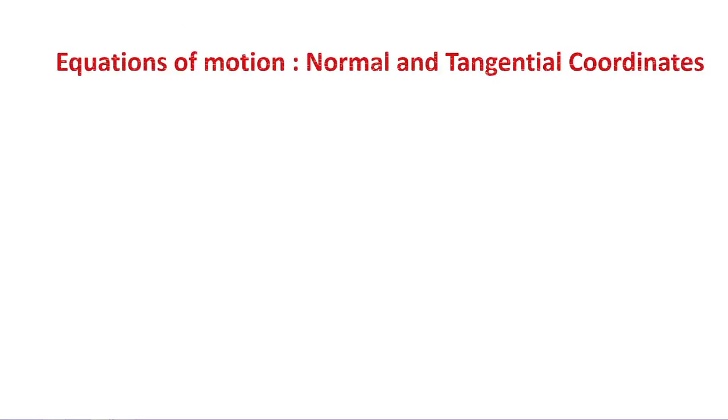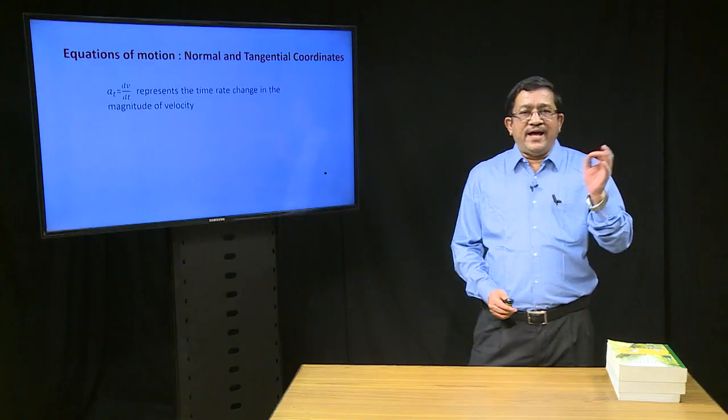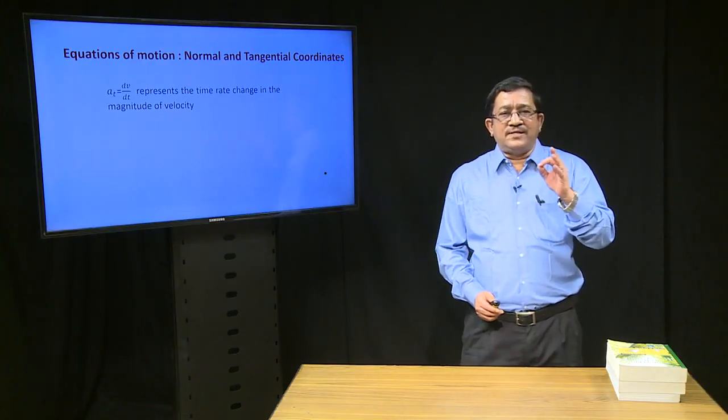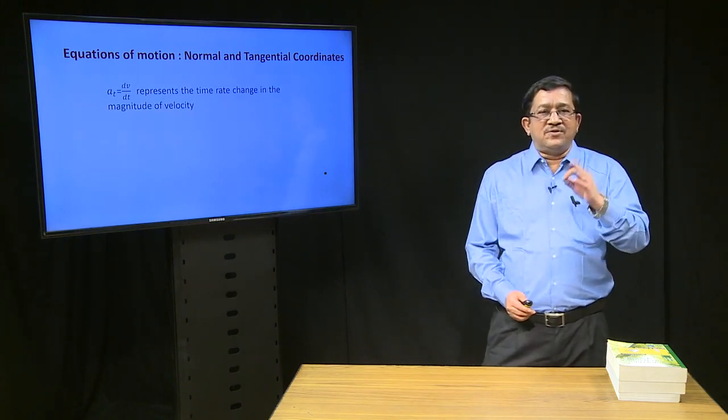Okay. Now, another important point in this case: a_t is what? It is nothing but dv by dt. It represents the time rate change in the magnitude of velocity. I have already discussed this in module 9, on curvilinear motions and others.